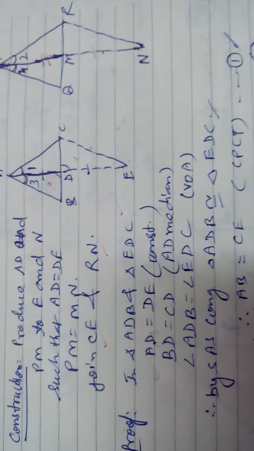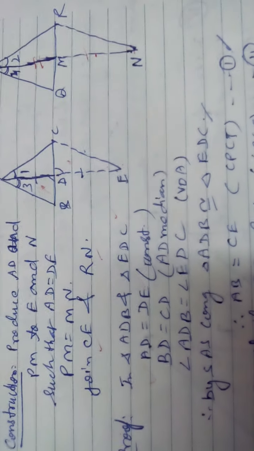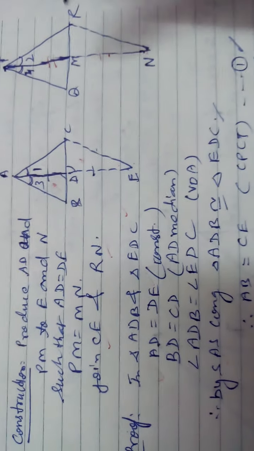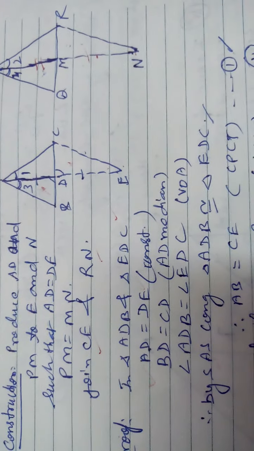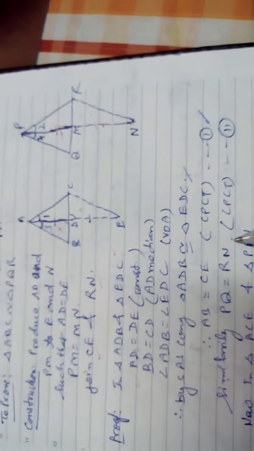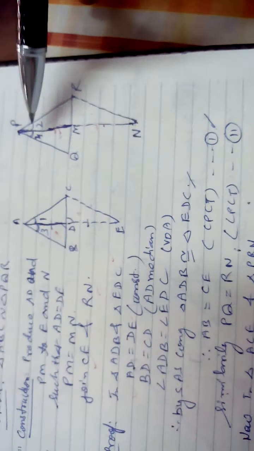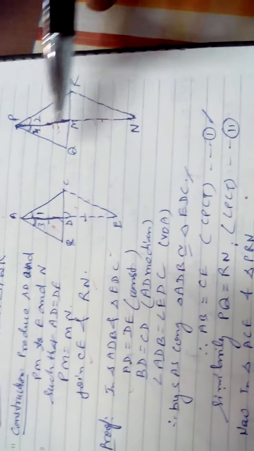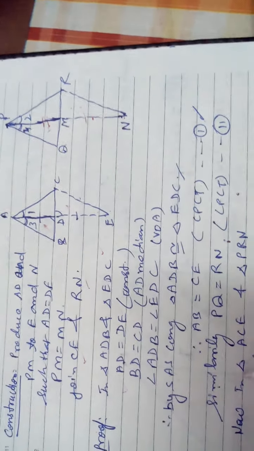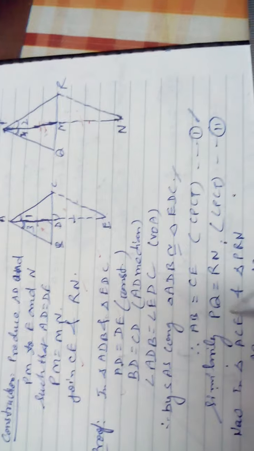I have drawn here AB is equal to CE. Now, by the same process you can prove this is congruent. No need to prove, you write similarly. I have written similarly PQ is equal to RN, because PQM is also congruent to NRM. But don't write this, directly write similarly. PQ is equal to RN, second equation.